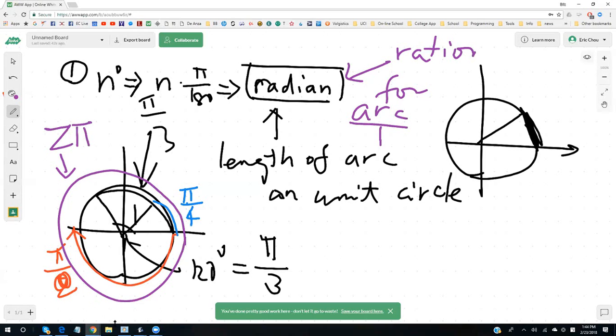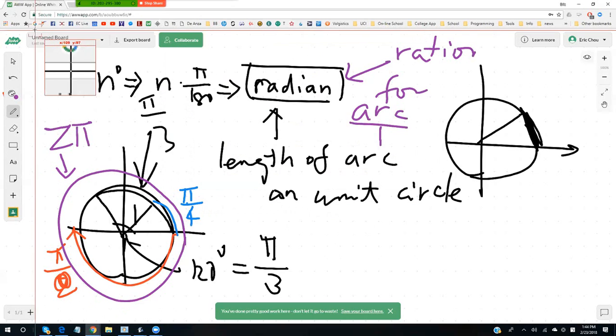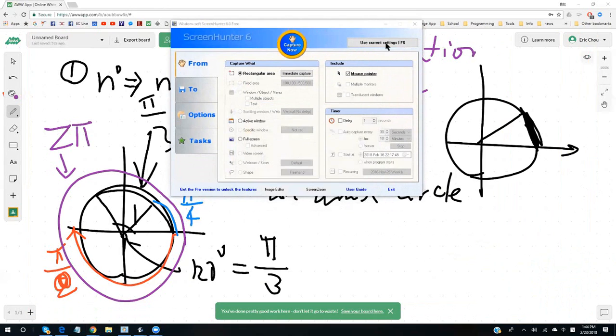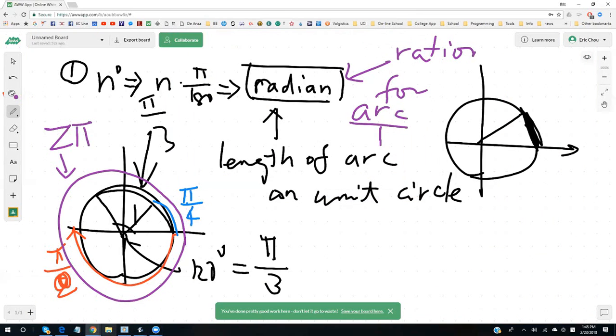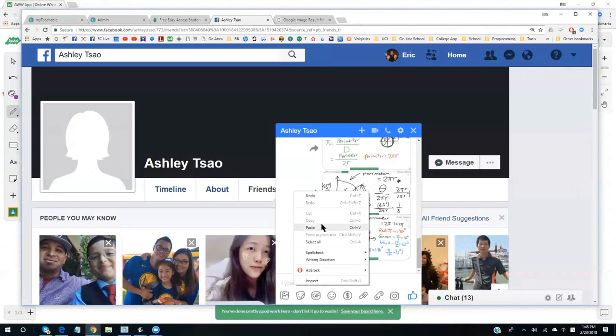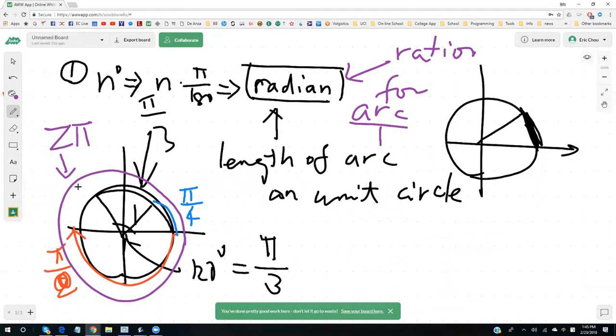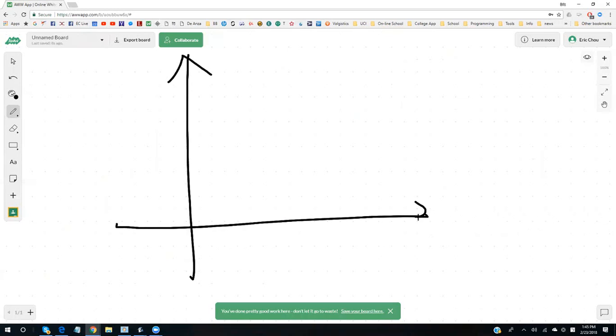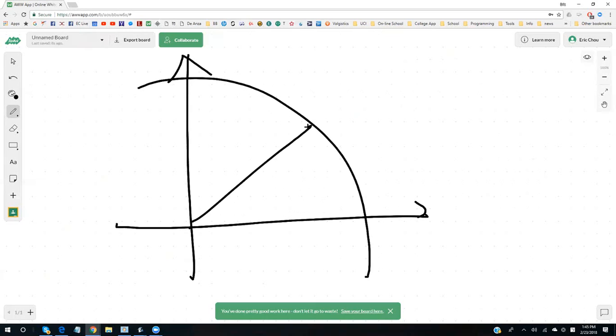Now let me show you another thing. This one is on a unit circle. Now, if it is not a unit circle, what will happen? If it's not a unit circle, we have a circle. The length is R. This is theta.